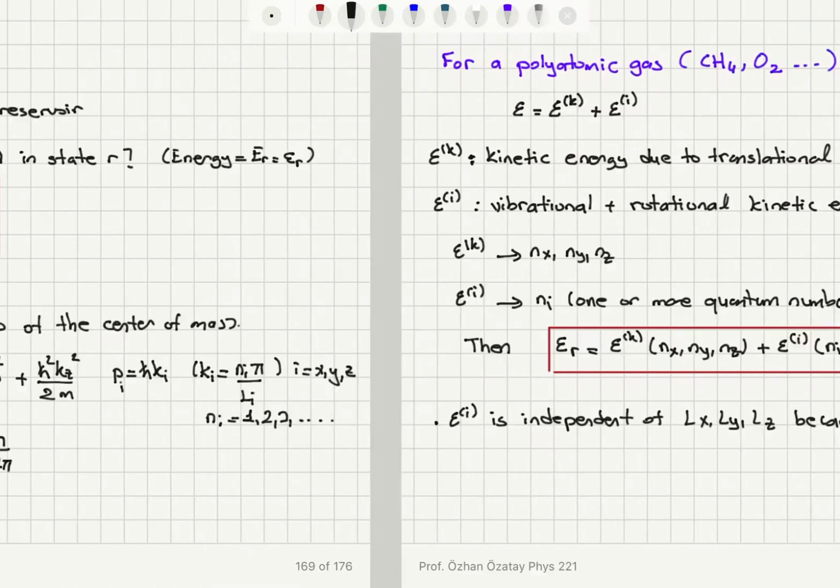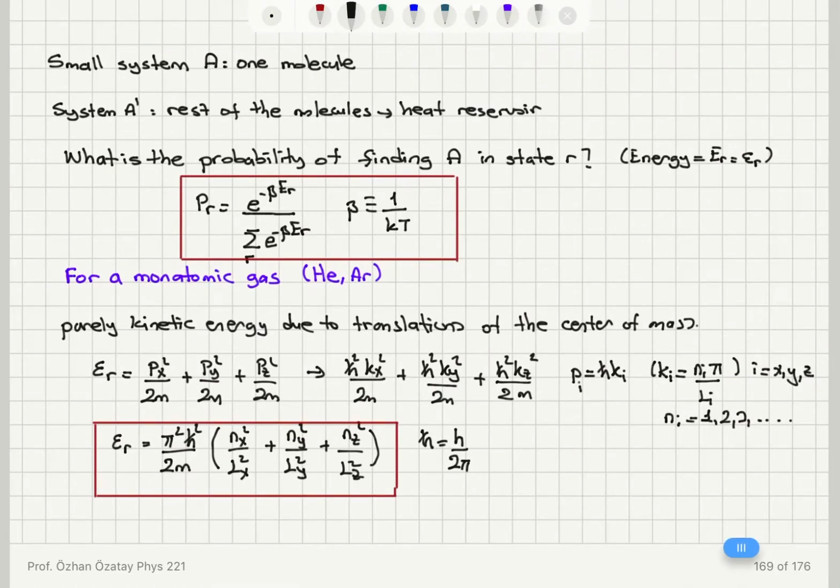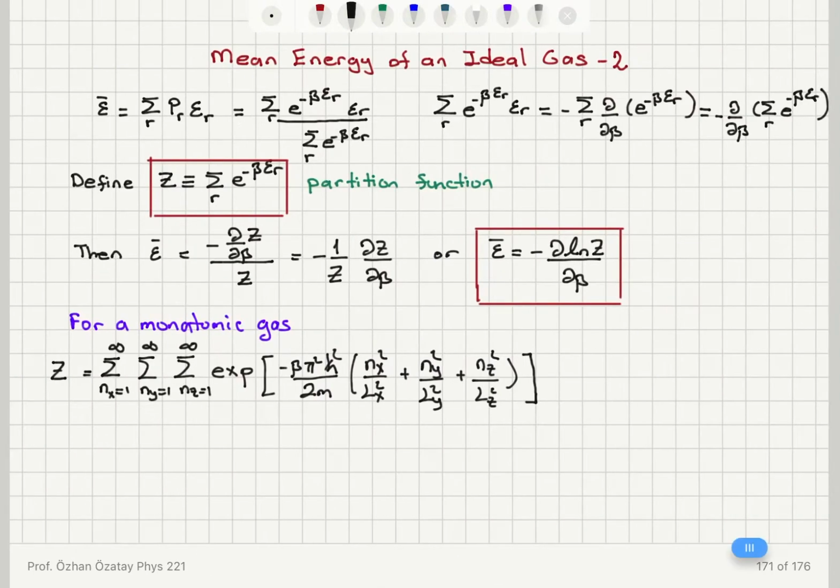So you can recall this result here. For the monatomic gas, we have found these energy levels.